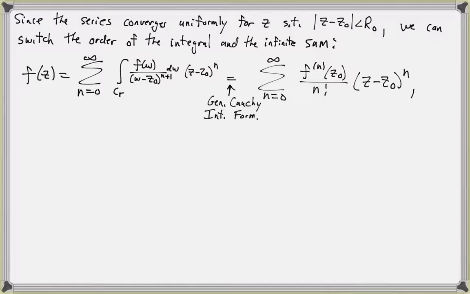And this again is true for all z in the disk |z minus z0| less than r, where r is any value less than r0. And this concludes the proof of Taylor's theorem. So every analytic function in a disk can be represented by an infinite power series in that disk.